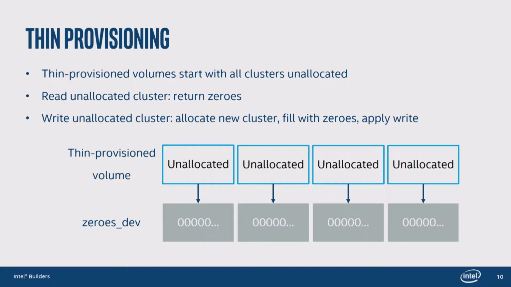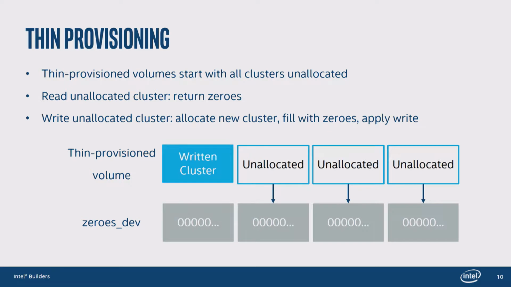So how this works under the hood is that we have a layering functionality in the logical volume store. You can imagine that there's a block device, which is not really there, but is essentially returning zeros for all reads. And then we layer our new thin provision volume on top of it. So if you read one of these unallocated clusters, it sees that that cluster is not really there, and it reads down to the next layer. Imagine you're looking down from the top, and you can see through to the zeros.